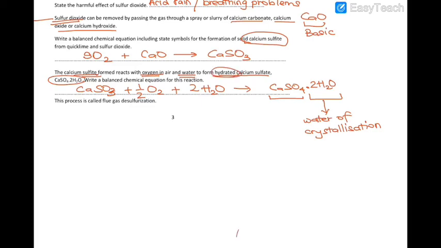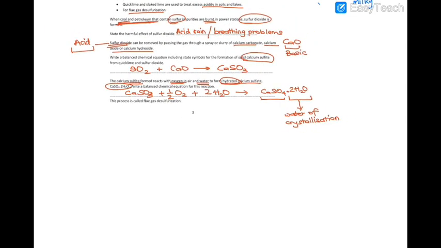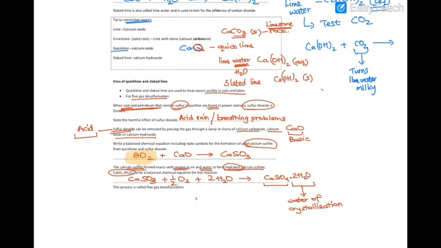You can drive it off by heating it, you get rid of the water. So this is how sulfur dioxide is eliminated in smokes or in fumes of factories.